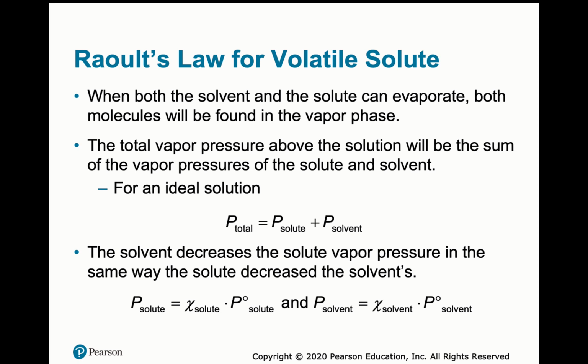And Raoult's law here for volatile solutions, if you have a mixture of things that can both evaporate, then the total pressure is just the vapor pressure of the solvent and the solute. And the mixture follows really just a straight line.